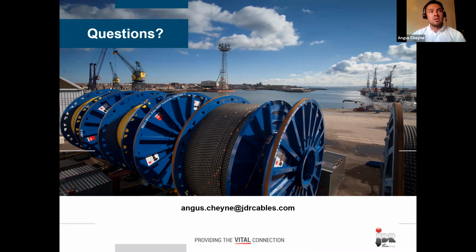Another challenge is for steel tube umbilicals. If you have large bore tubes, their stiffness is a significant magnitude higher than most umbilicals on their own. So the layup of those components poses a challenge in terms of handling them to ensure that it's done safely and without damage to the product itself.